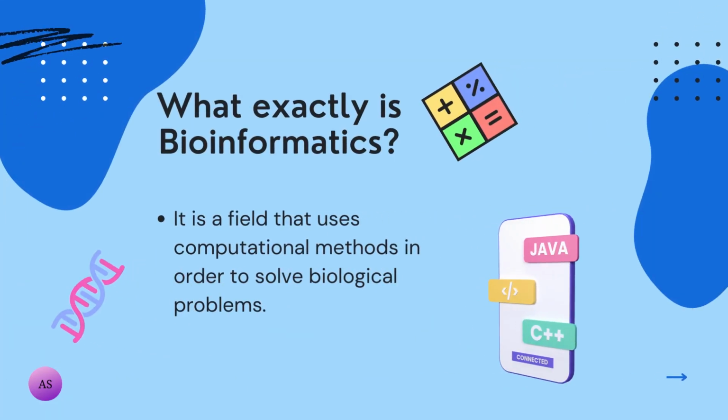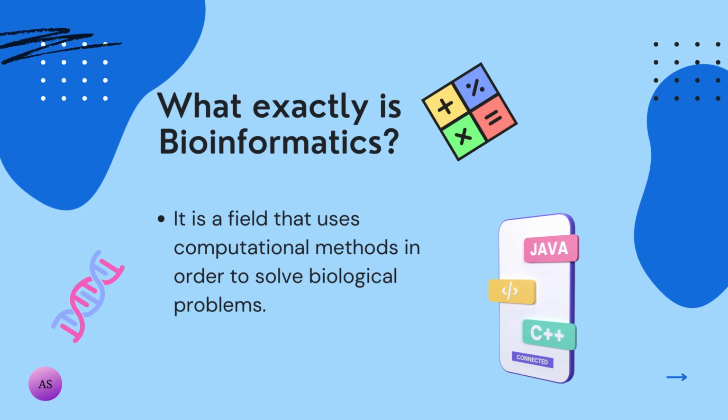So, most of you might not actually know what exactly is bioinformatics. So, before moving onwards to the main topic of the video, we're gonna see what it is. The easiest definition that I could actually come up with was that it is a field that uses computational methods in order to solve a biological problem.